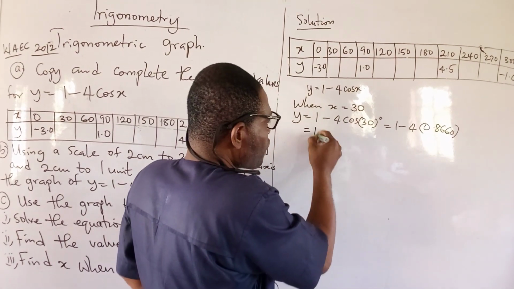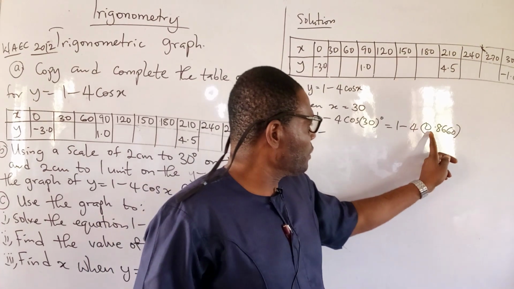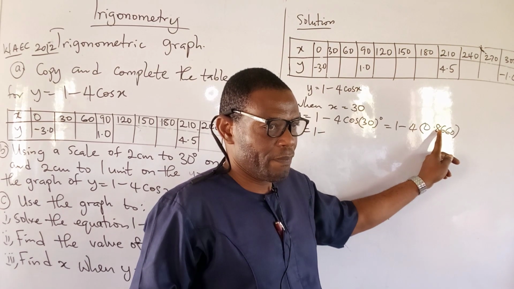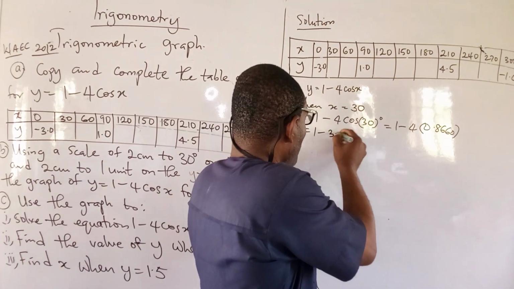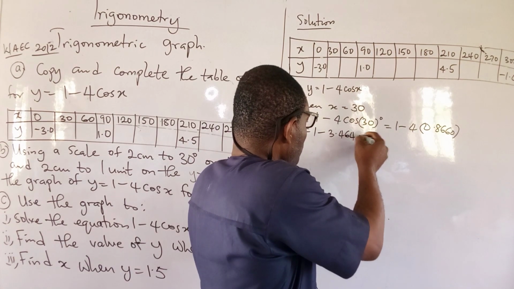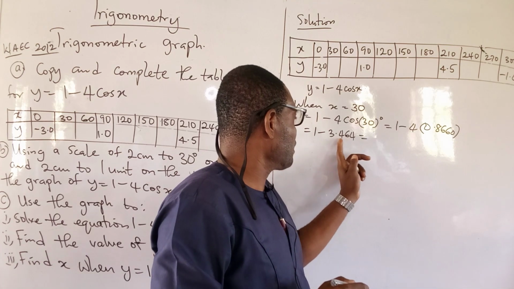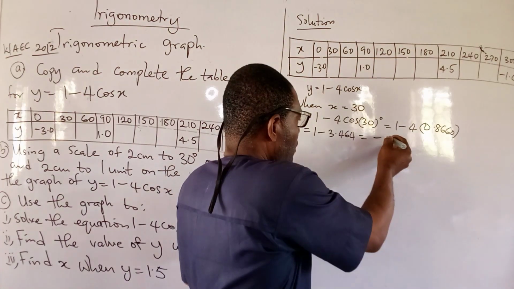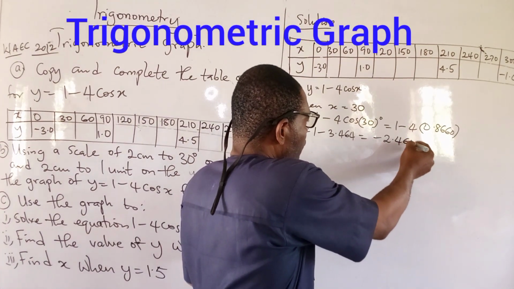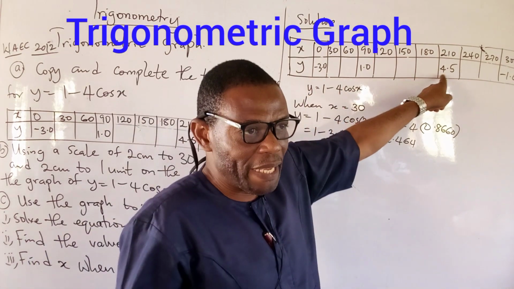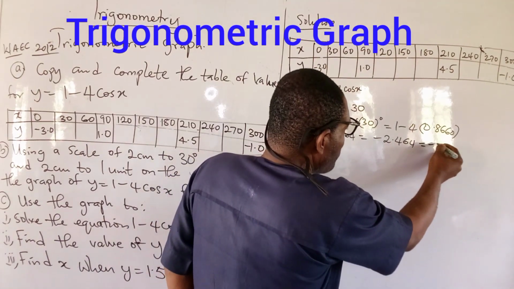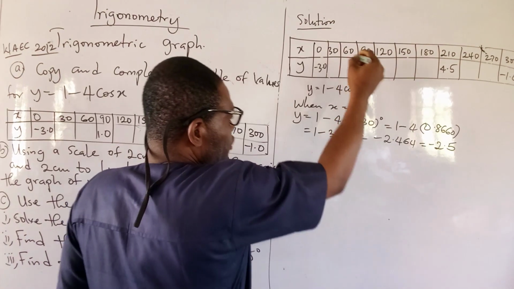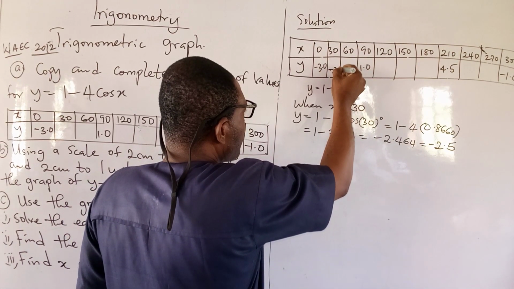So we have 1 minus 4 times 0.8660, which is 3.464. Subtract 3.464 from 1, and that gives minus 2.464. Because it is in one decimal place, we have minus 2.5. So the value here is going to be minus 2.5.